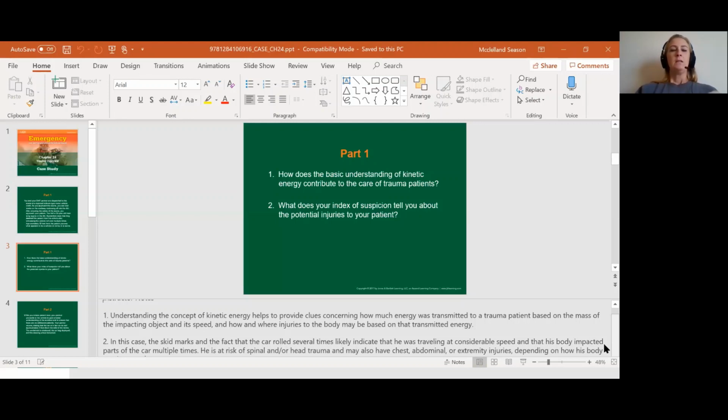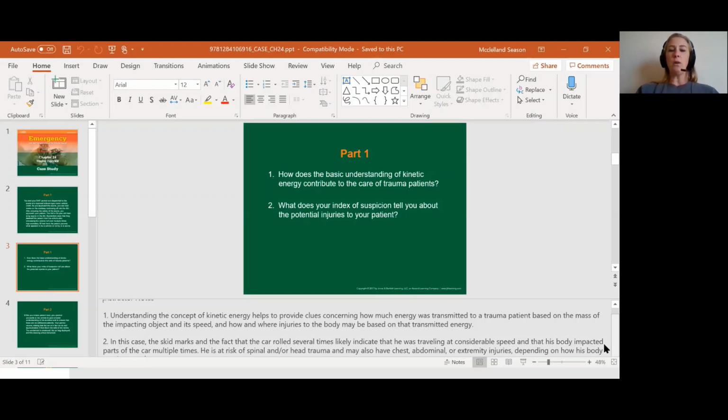Okay. So in this case, remember when we did mechanisms of injury in class and we did collisions, right? Every time we had a collision, we had to worry about what the object impacted first, what part of the body impacted the object, and then what organs are behind that part of the body that then impacted the inside of the body, right?